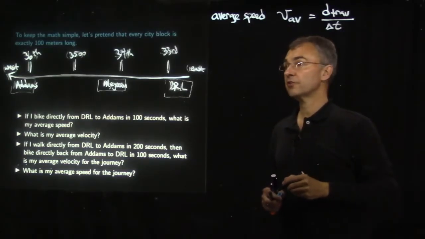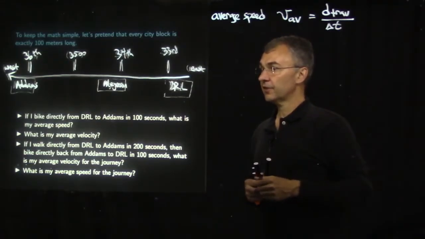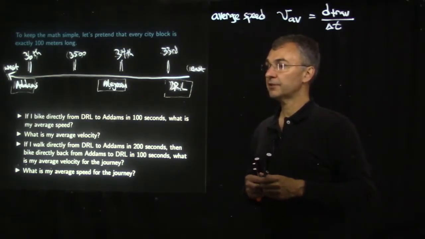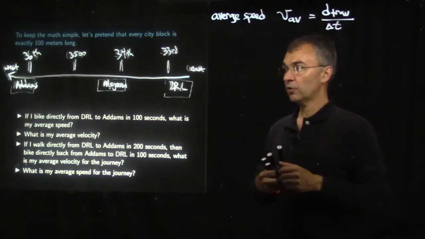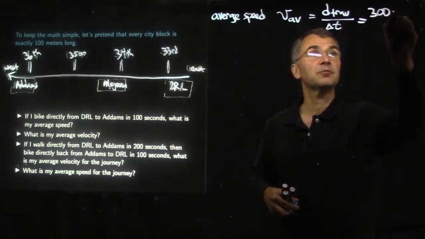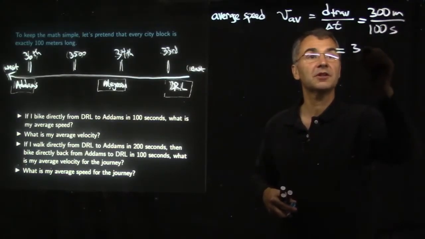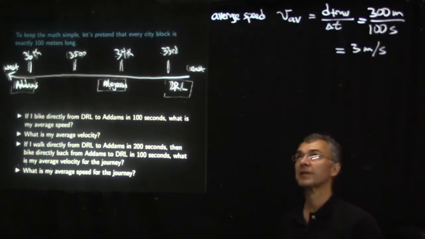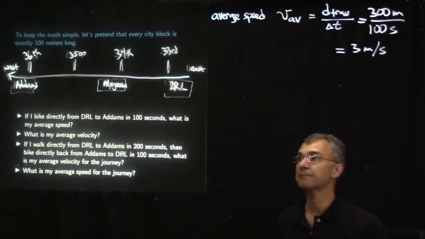So the distance traveled is 1, 2, 300 meters, and the elapsed time is 100 seconds. So this is 300 meters divided by 100 seconds, which is 3 meters per second. Average speed is distance traveled divided by the elapsed time.